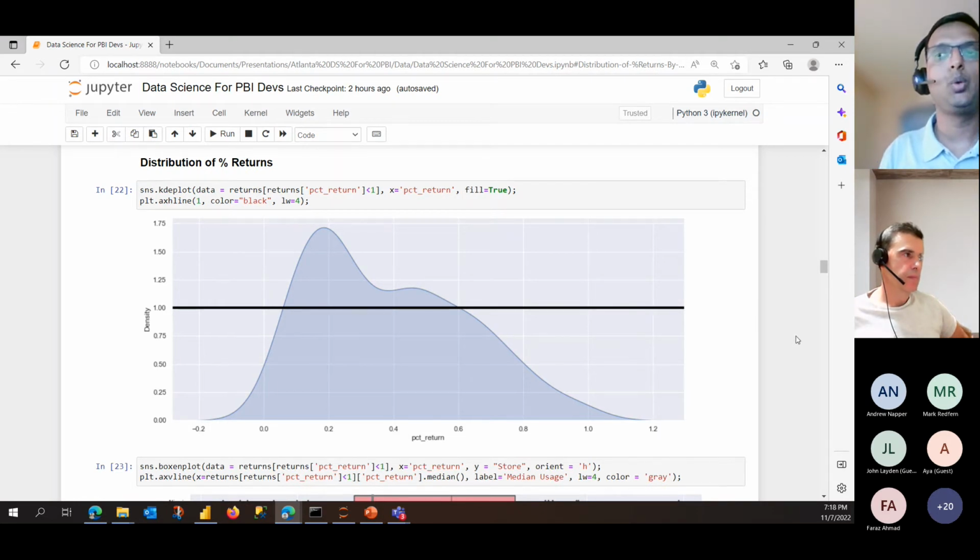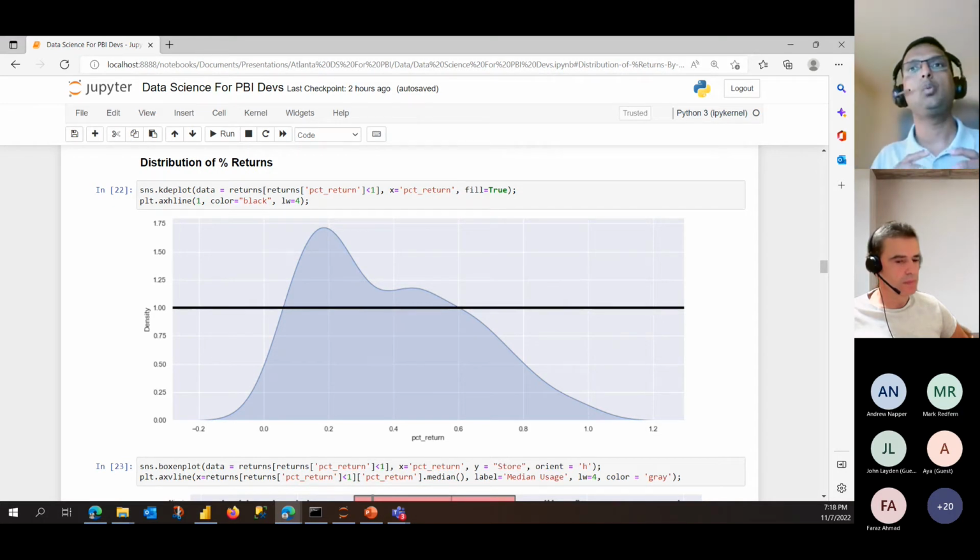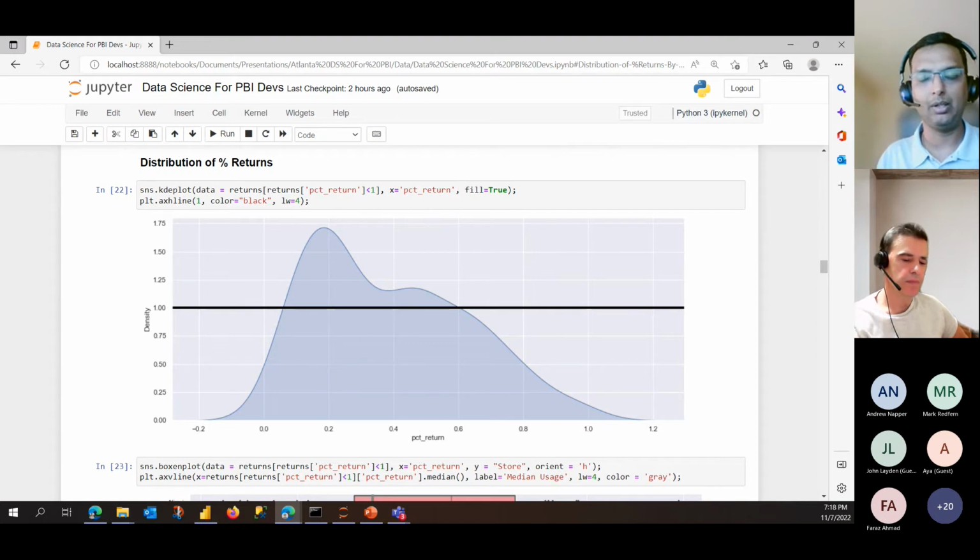For that, you'll have to know a little more statistics to fit the distribution first, and then figure out what those parameters are. There are statistical packages in Power BI, in Python, as well as JMP, SPSS, and SAS, where you can do that.